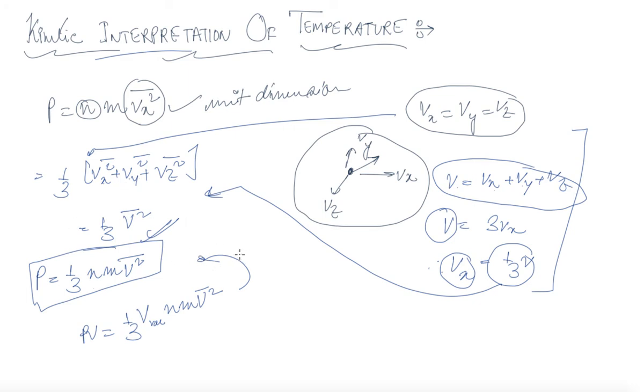Now moving on, let's do this with a different color. PV equals 2 by 3. Let's take 2 common here. This is V volume into N. If you observe closely, this is volume V and this is N. So what we can do is half.